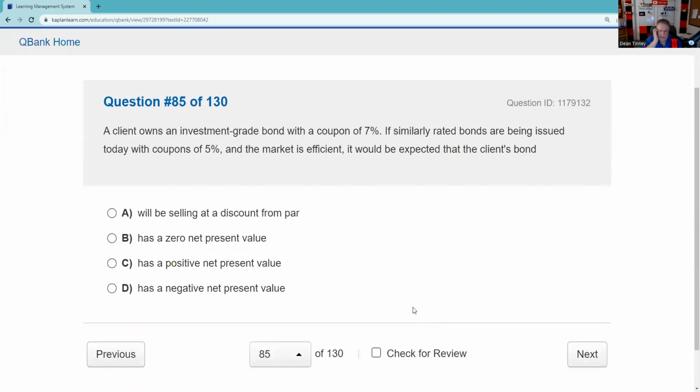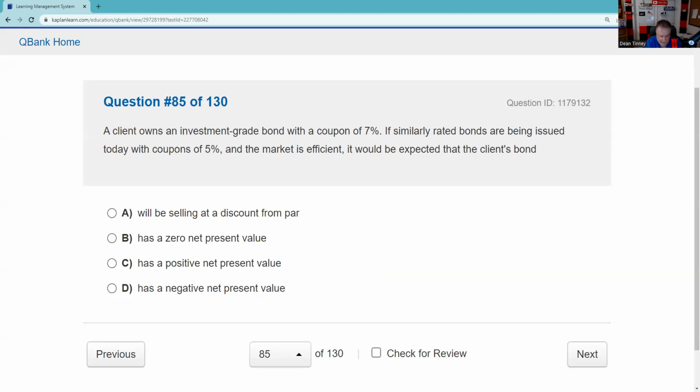A client owns an investment grade bond with a coupon of 7. If similarly rated bonds are issued with a coupon of 5 and the market is efficient, it would be expected that the client's bond would be selling at. So again, they're getting at this idea of whether there's a price discrepancy, a value, is it undervalued or overvalued?